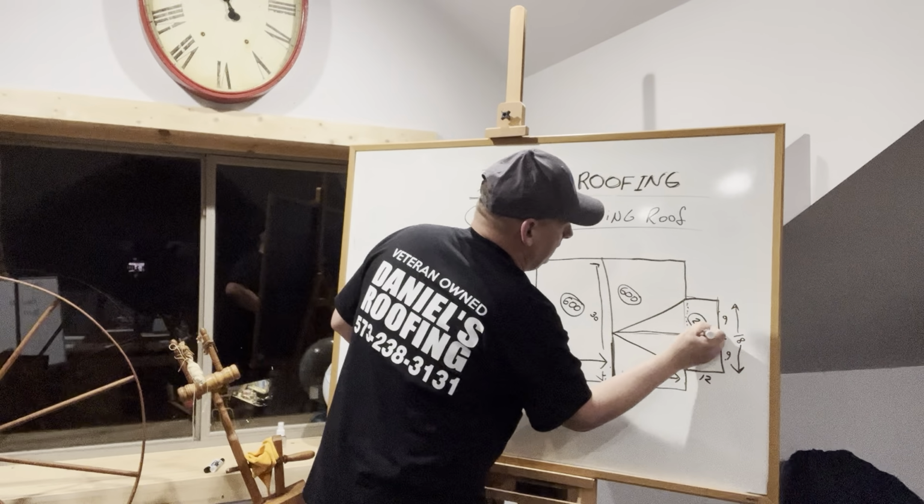But for measuring purposes, I'm going to call this 17 square. Because we don't want to call it 18 or 20 because our price might get too high and then we're not going to get the job, because we're also trying to make sure that we stay competitive with our competitors.